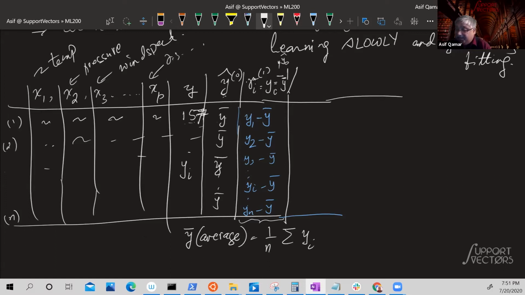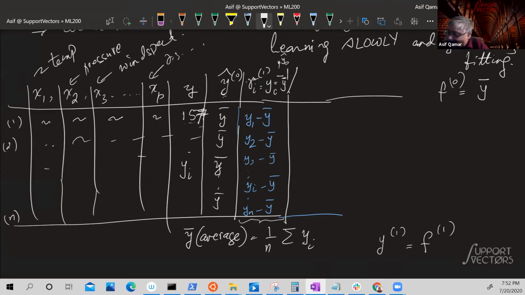You then do something else. You create a model. The first degree model that you make is a function of, let me call it f1. So f0 was just y bar.